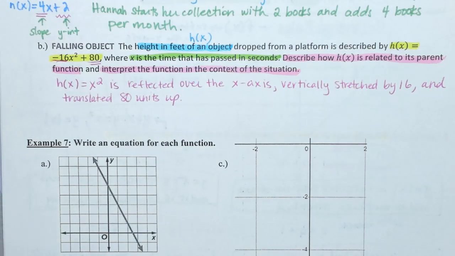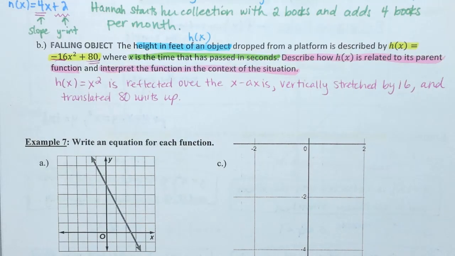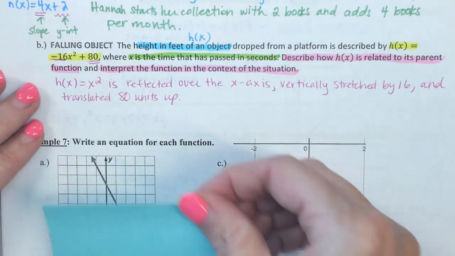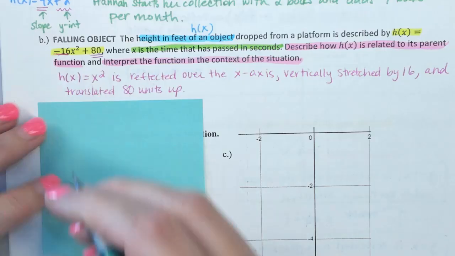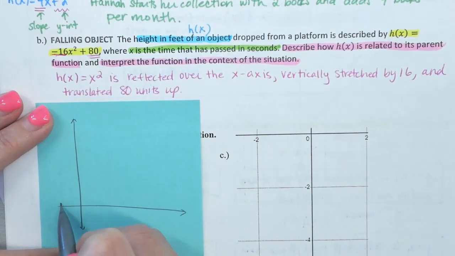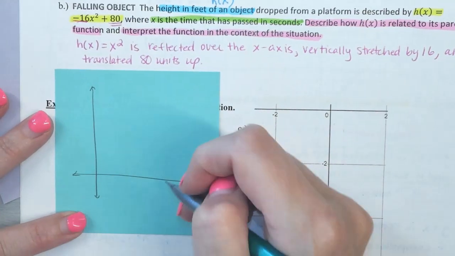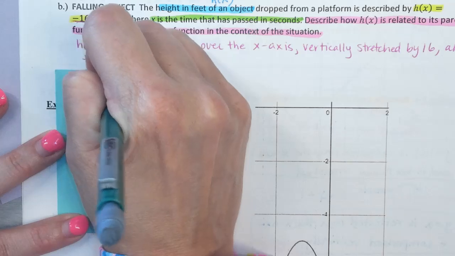And then I'm going to draw a little representation here of what is happening, and then I'm going to squeeze it in over here as well. So you have this object that's being dropped from your platform. Okay, so you know that you have your x, which is the seconds, and then your h of x is going to be the height.